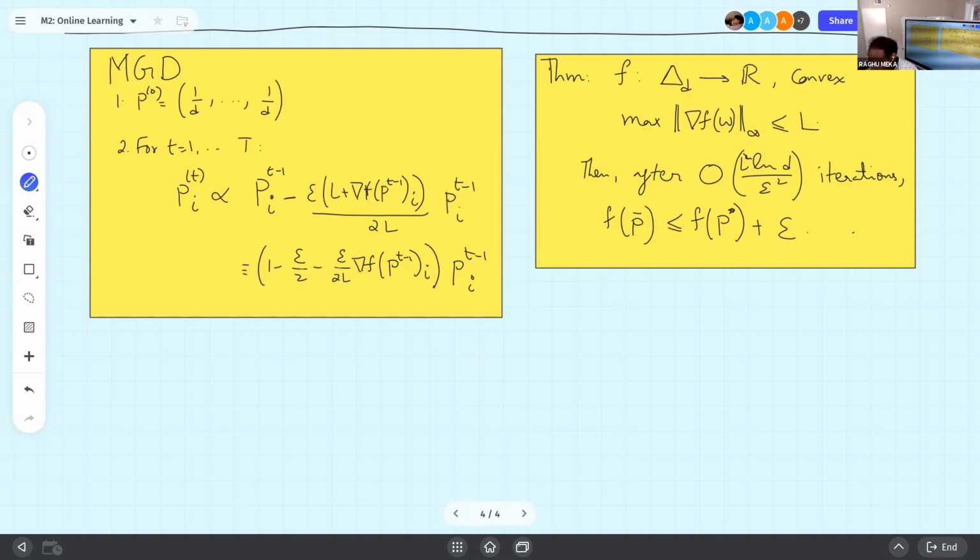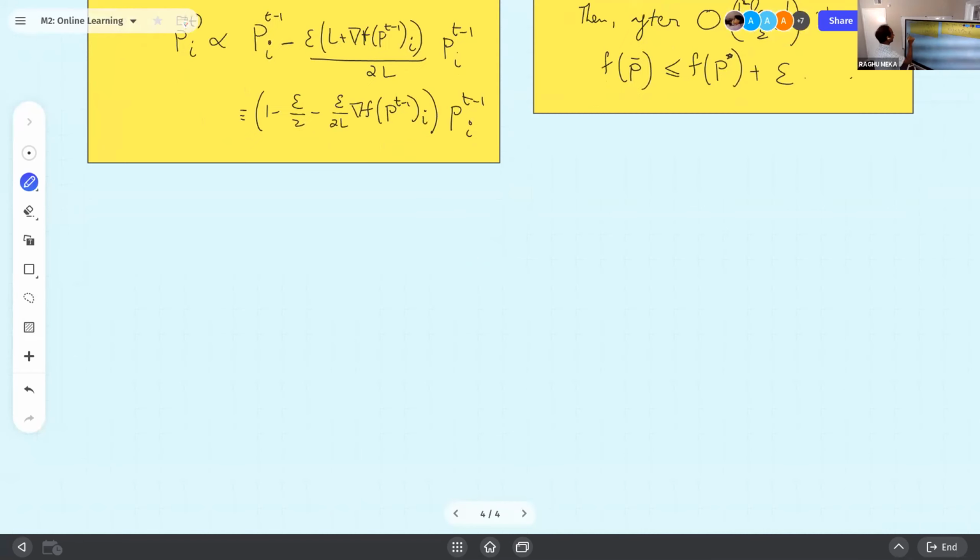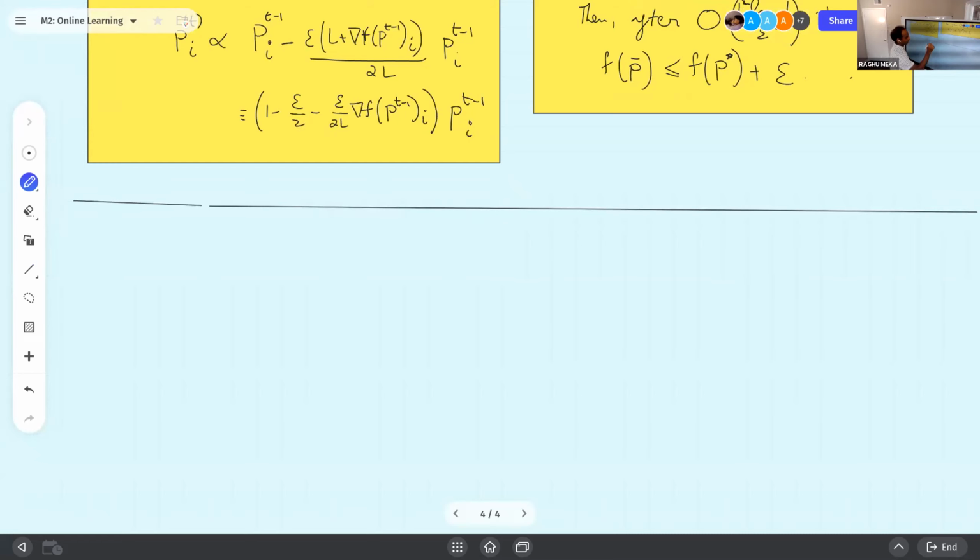So what is boosting? Maybe some of you have already seen boosting, but boosting is a really important tool in practice.